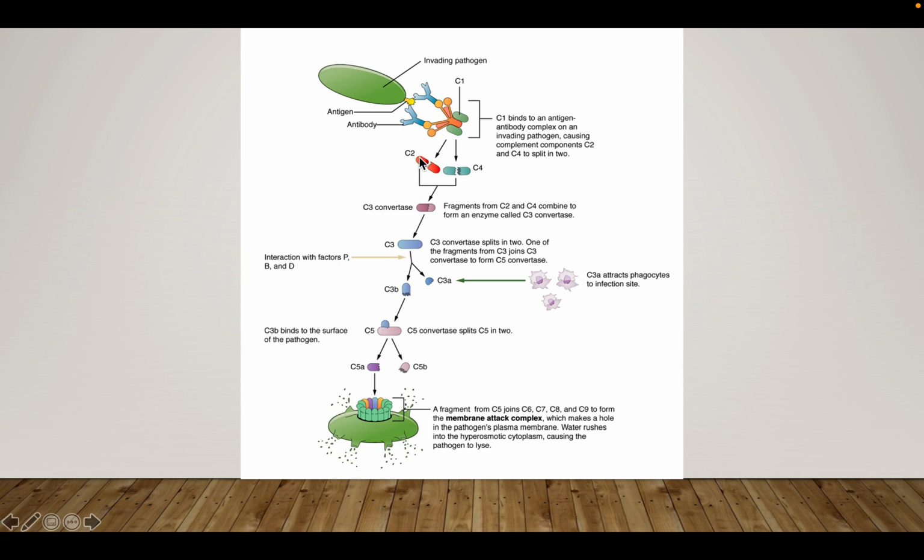So you don't have to worry about the individual proteins and what converts what protein to the next one, but understand that you start with a pathogen that is bound with antibodies. This antibody complex can stimulate the activation of our complement system. You get this series of proteins working all the way down, and ultimately you get the membrane attack complex punching a hole in the cell, resulting in water influx and ultimately the cell lysing.